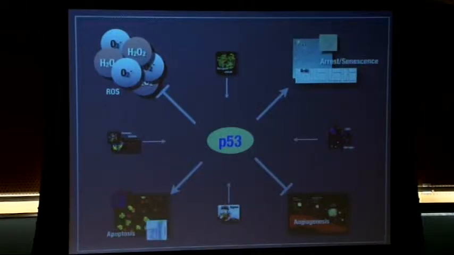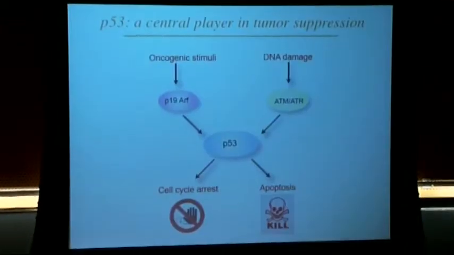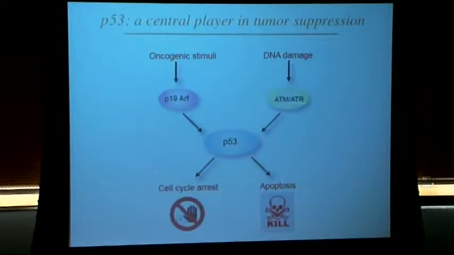p53 is inactivated in 50% or more of human cancers. And so we wondered what would happen if one could restore p53 function in a tumor. And we had the tools to do that, so we asked that question. Here's the pathway in a more simplified form. As I've said, p53 is inactivated in the model, of course, but also in many human cancers.